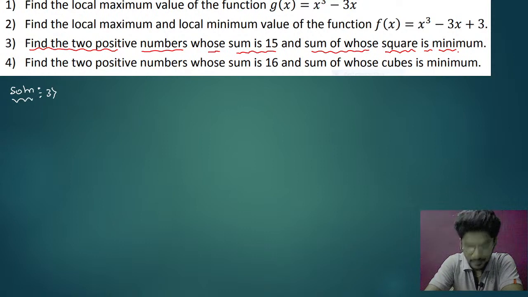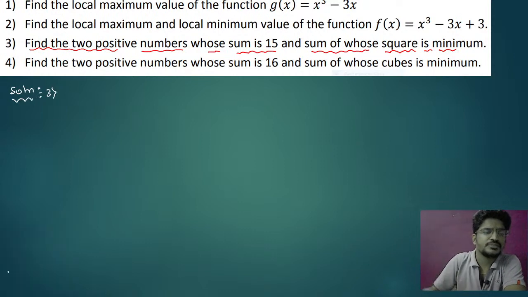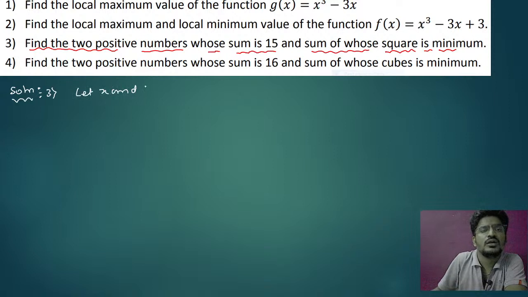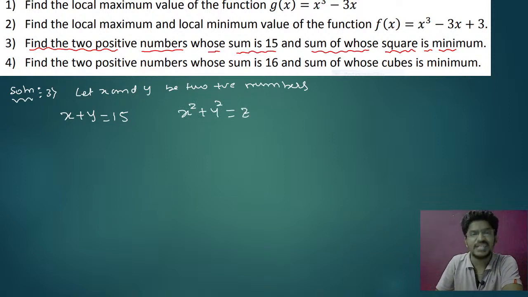No problem. Here they have given two positive numbers. Let x and y be two positive numbers. From that you can say x plus y is equal to 15, and the sum of their squares, x square plus y square, equal to z, which they have said is minimum.